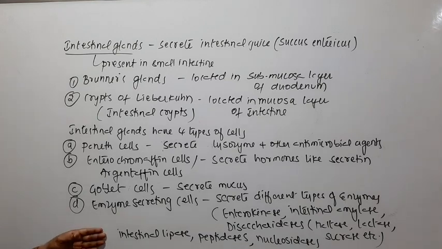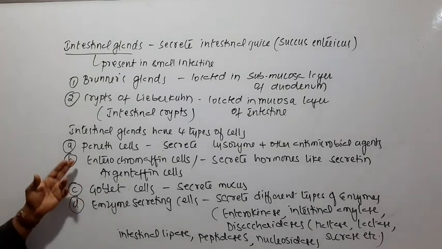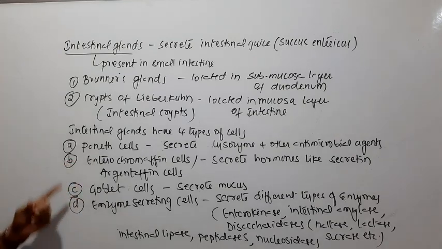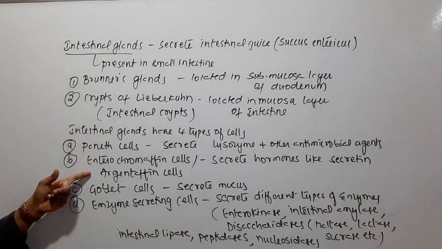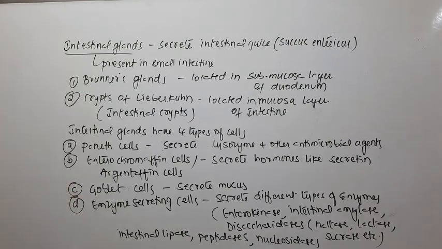So these are the four types of cells in the intestinal glands and their role. The Paneth cells secrete lysozyme and other antimicrobial agents. Enterochromaffin cells secrete hormones like secretin.